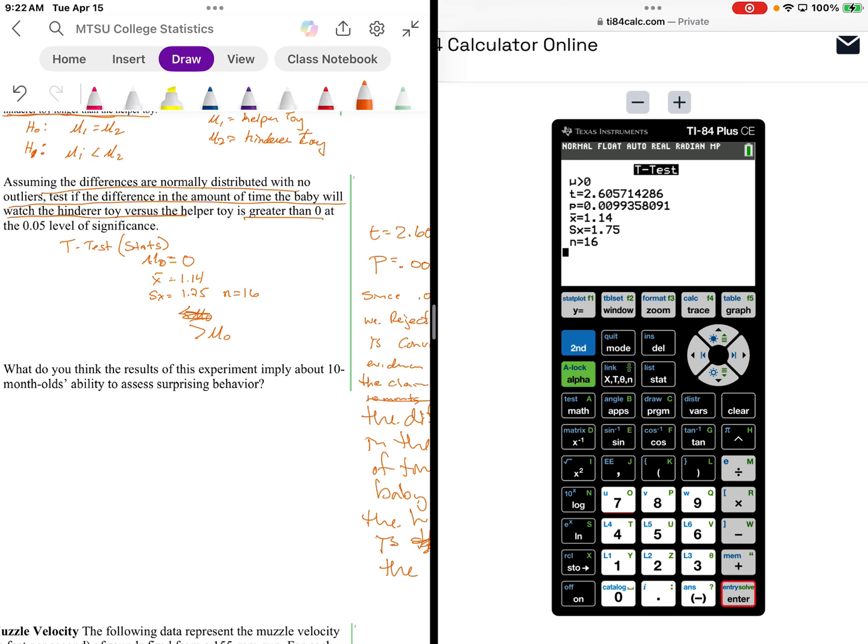Then I'd ask the follow-up question. So what does it mean if they watched the Hinderer toy more than the helper toy? What does that imply about characteristics for the baby? They're attracted to the toy that isn't helpful. It's kind of stopping them from reaching the goal of ascending the hill.